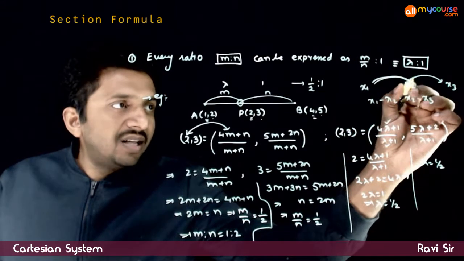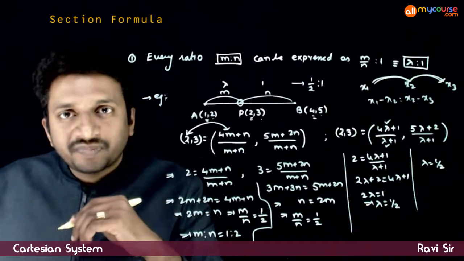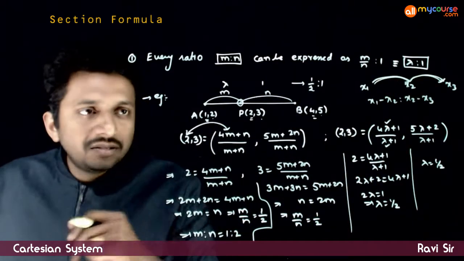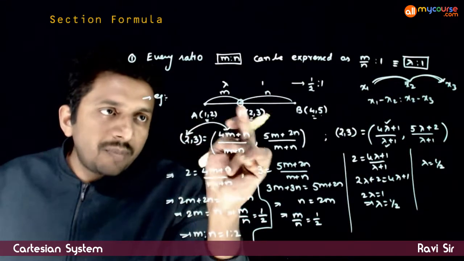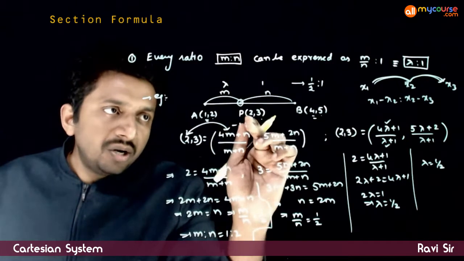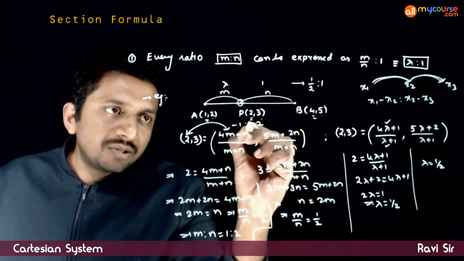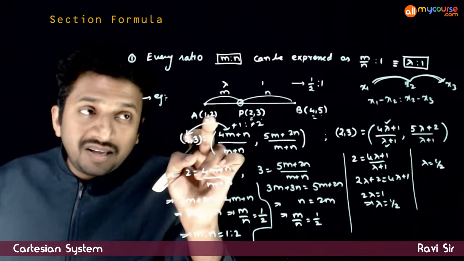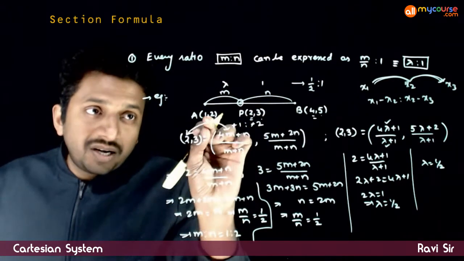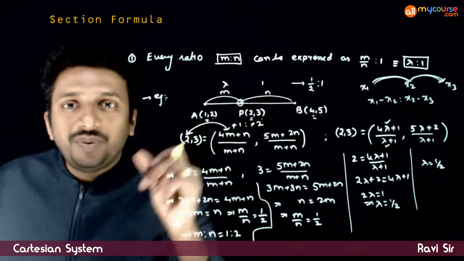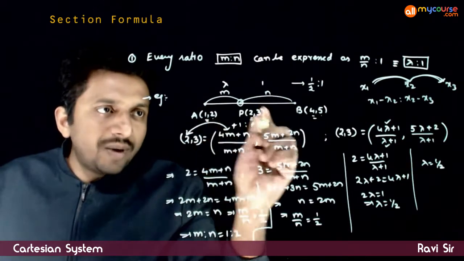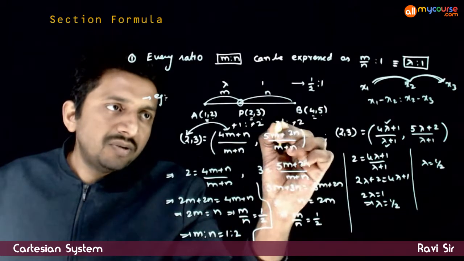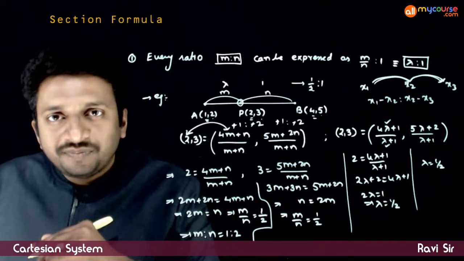You can clearly check this: 1 minus 2 is minus 1, is to 2 minus 4 is minus 2. So you get the same ratio, 1 is to 2. Similarly, if the point lies on this line segment, the y coordinates should also be in the same ratio: 2 minus 3 is minus 1, is to 3 minus 5 is minus 2. Again, the ratio is 1 is to 2.